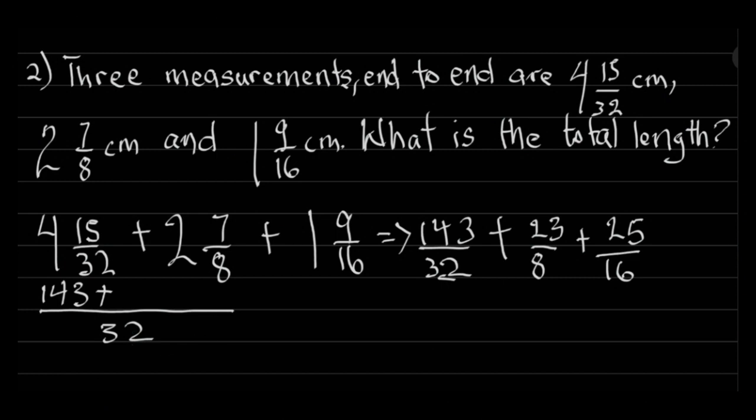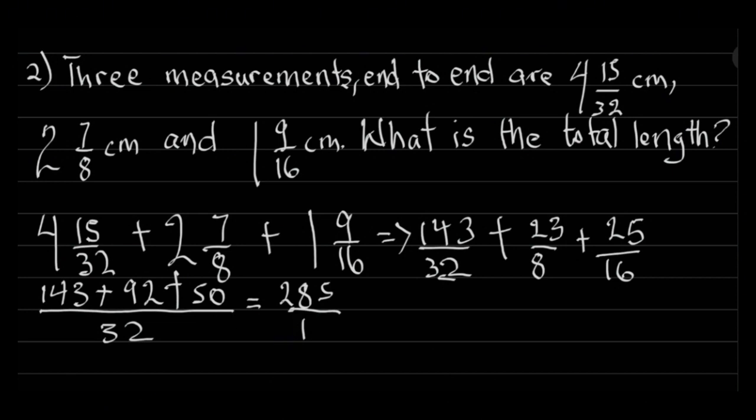That would be 4 times. 4 times 23 would give us 92, plus 16 will go into 32 2 times. So 2 times 25 would be 50. And that would give us 285 all over 32.